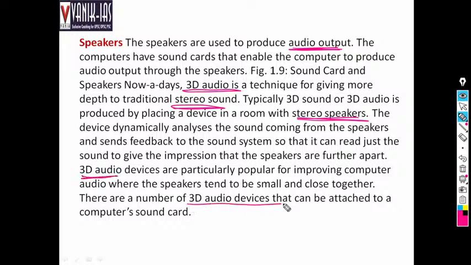There are a number of 3D audio devices that can be attached to the computer's sound card. So we know that the speaker is also an output device that produces 3D audio.